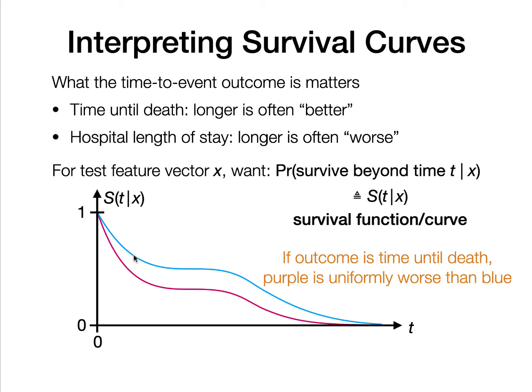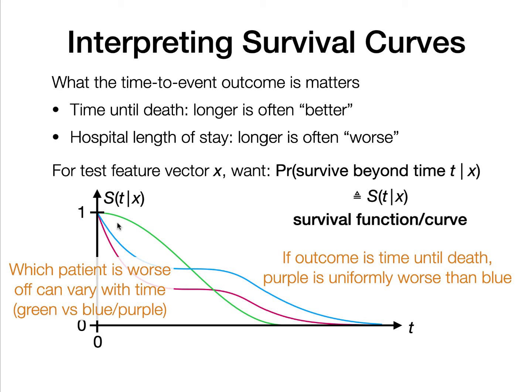Of course, it's not always the case that one data point's survival curve is uniformly better or worse than another. For a different feature vector, the survival curve can be this green curve, where it's not always better or worse than the blue or purple curves. Sometimes it's better, sometimes it's worse.